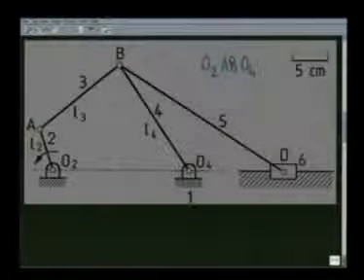Link 4 of this 4-link mechanism, that is this link, is connected to another link 5 at this compound hinge B, where 3 links are connected, namely 3, 4 and 5. Link 5 is connected to the slider, which is link 6, and the slider has a prismatic pair with the fixed link such that the point D moves in the horizontal direction.